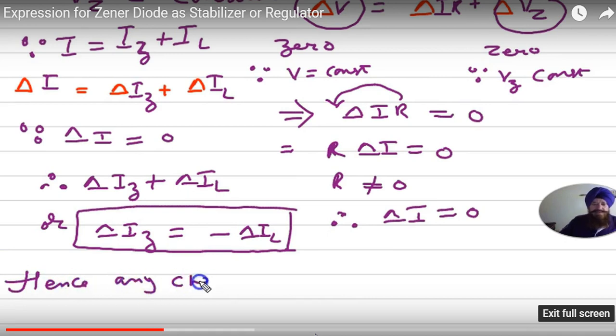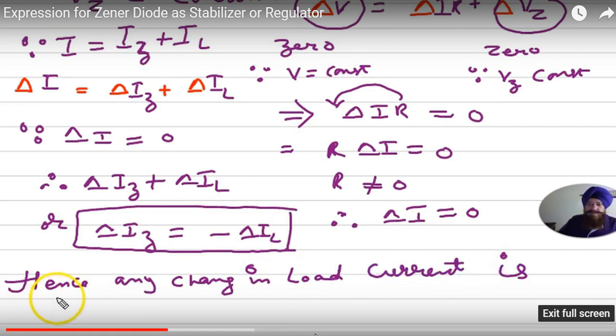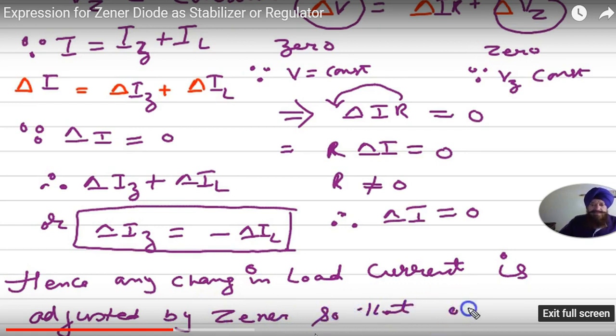Hence, any change in the load current is adjusted by the Zener so that the output remains constant.